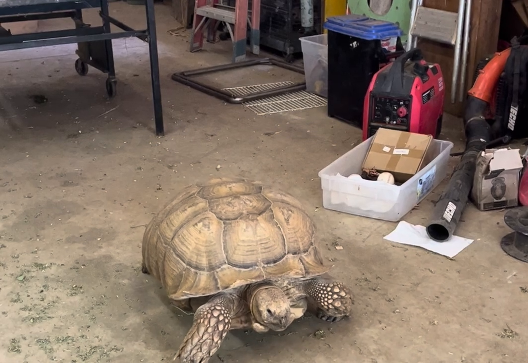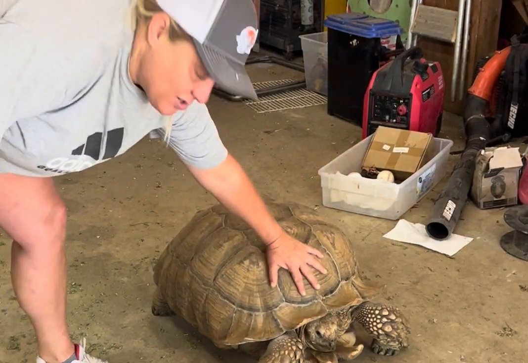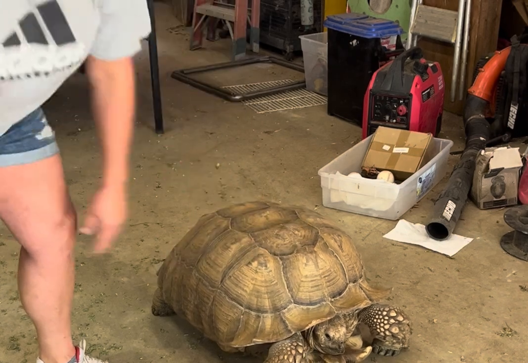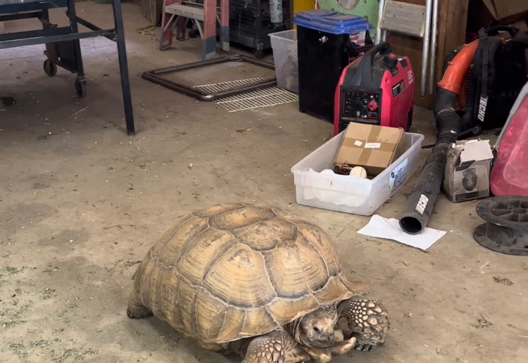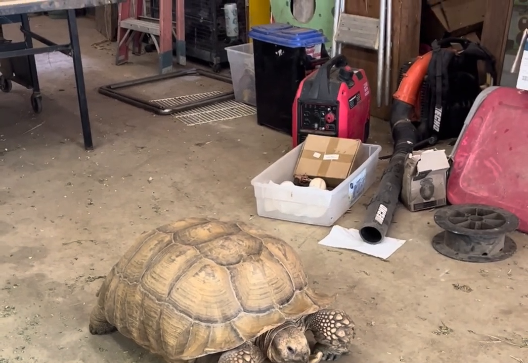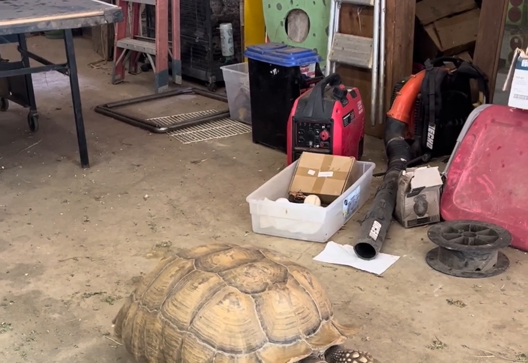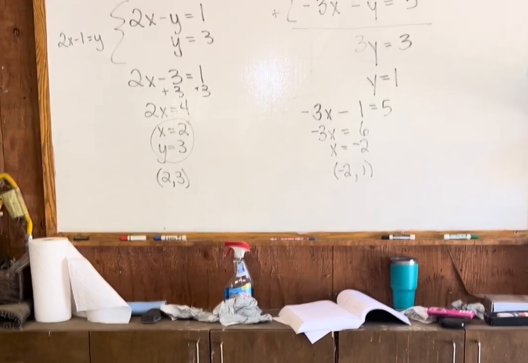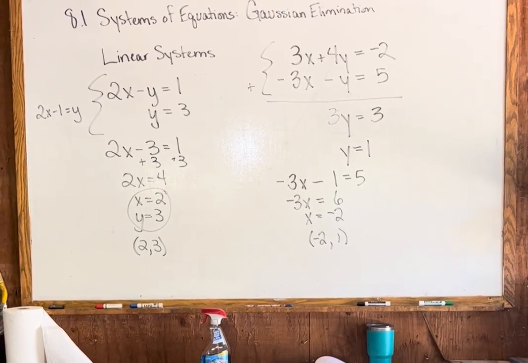So just so you see how big Hercules is, there's my hand on Hercules. Good boy, Hercules. So Hercules is a 140-pound tortoise, and he's waking up for the day. He's going to go out and munch on some grass. Okay. So I wasn't lying when I told you there was a tortoise in here. This is where he sleeps during the summer. In the winter, he sleeps in the garage on his heat pad.